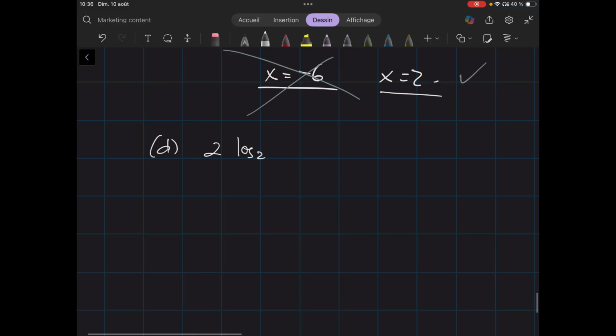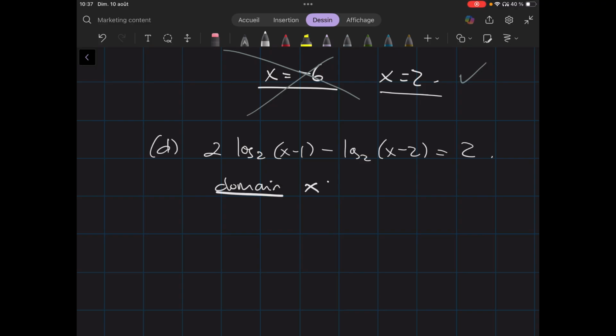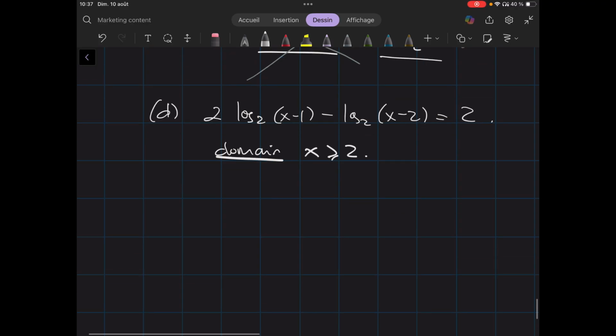2 log base 2 of x minus 1 minus log base 2 of x minus 2 is equal to 2. So, domain right off the bat. x has to be greater than 2. Let's manipulate the left-hand side. The first term can be expressed like this.